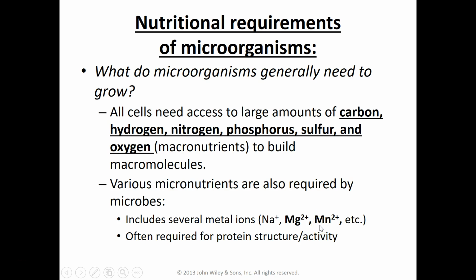And there are others, right, that play very important roles, but they can be recycled. They can be used more than once by the cell. So that's why we tend not to need them in such high quantities, right? That's why they're micronutrients. They're often required for protein structure and activity, right, when we're using them in an enzymatic way. Magnesium is a big one for your enzymes.